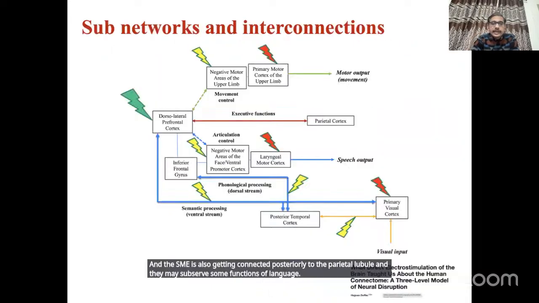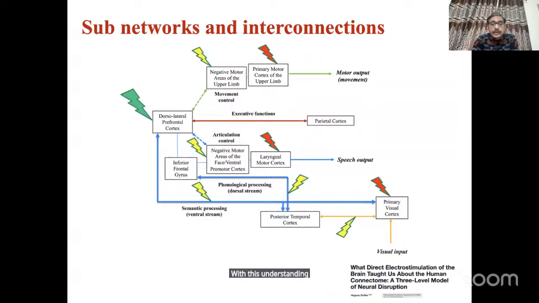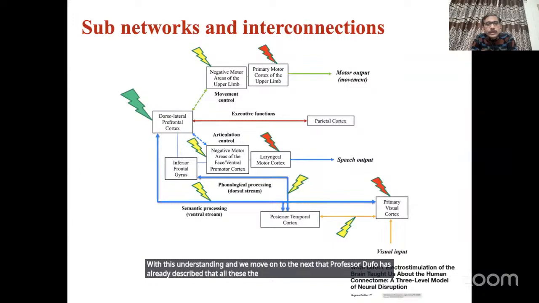With this understanding, we move on to what Professor Duffau has already described: all these cortical and subcortical areas can be stimulated, and some of the functions can be mapped during surgery. If it is possible to map all those areas, then probably we may preserve the patient functionally. Here the red marks are the primary motor areas, where on stimulation, such as the upper limb or face area, we may get some twitch.